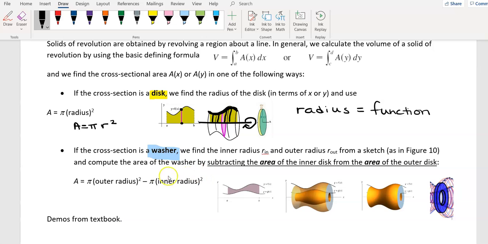So here we have the area formula for this situation. And when this happens, you'll take the larger circle's area, which we'll call the outer circle, and subtract the smaller circle's area, which we'll call the inner circle.